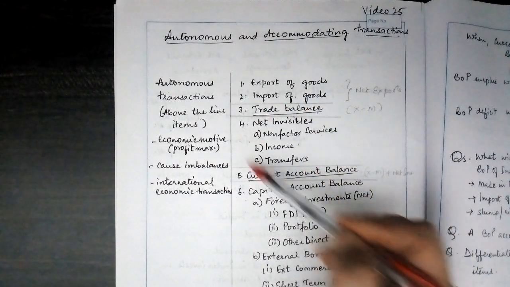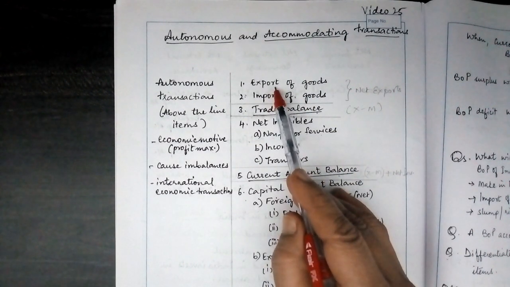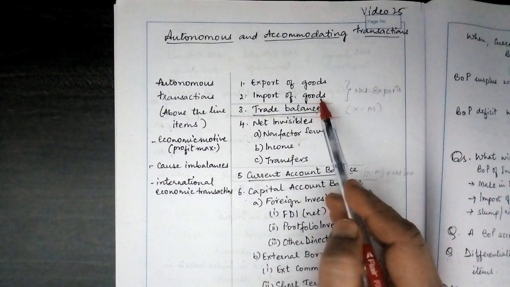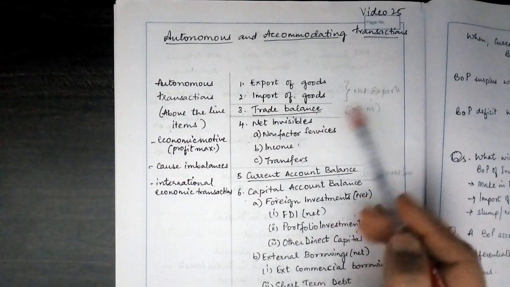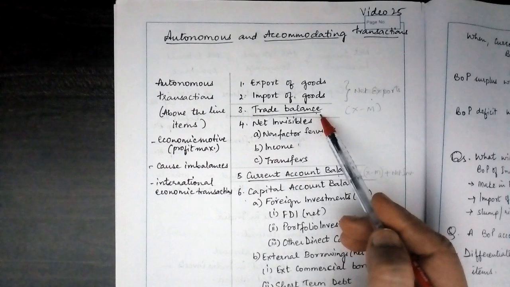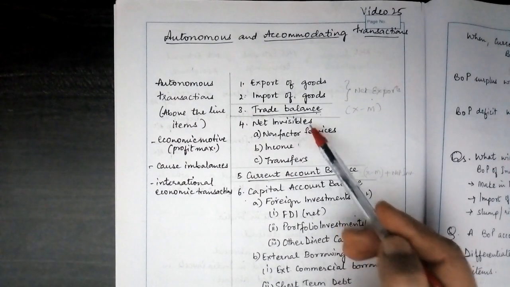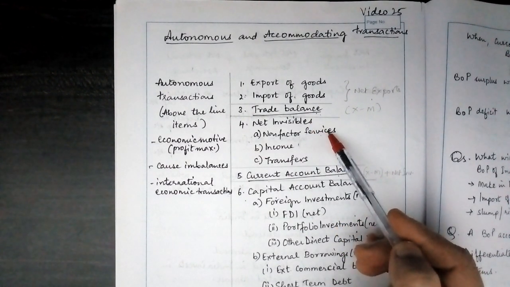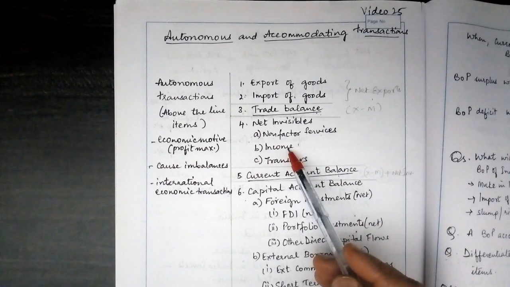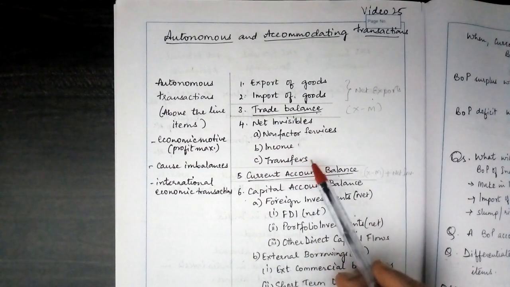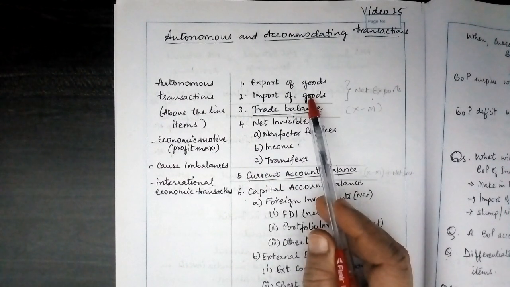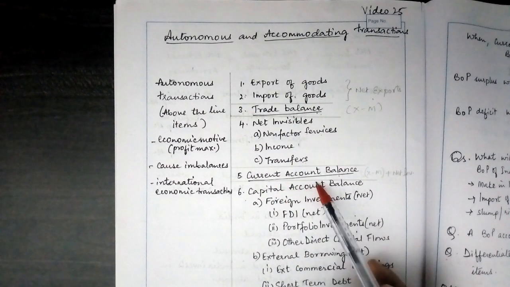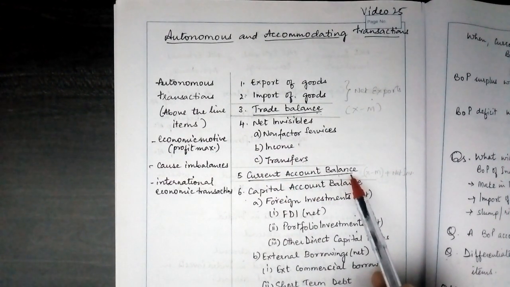So, all the components are export of goods and import of goods, which cause the net exports, shown in the trade balance. Net invisibles, that is services, non-factor services, their incomes, that is factor incomes, and transfer payments. All of them put together give us the current account balance.